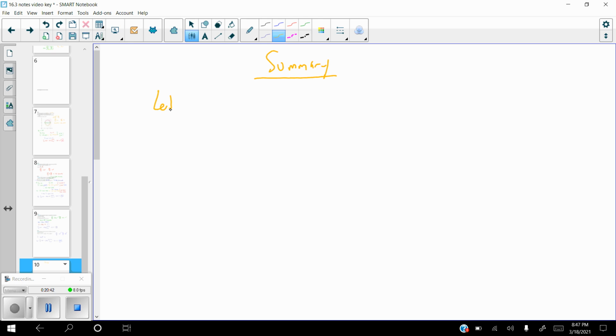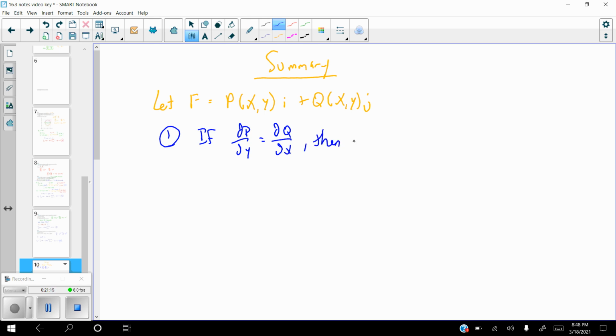All right, so the summary: let F equal some kind of a vector field which is defined as P of x, y i plus Q of x, y j. The first thing that we need to remember is 1, if the partial of P with respect to y equals the partial of Q with respect to x, then F is conservative.